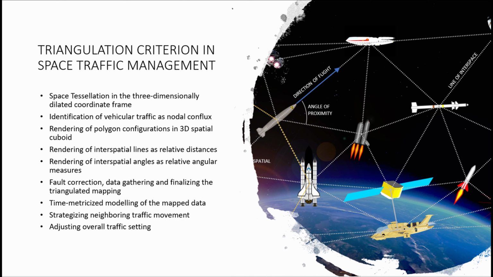So basically here what you can see is a line of interspace, which is the distance between the aircrafts or spacecrafts. Time matrix, direction of flight, angle of proximity, interspatial angle. And the last thing is the circumjacent polygon.